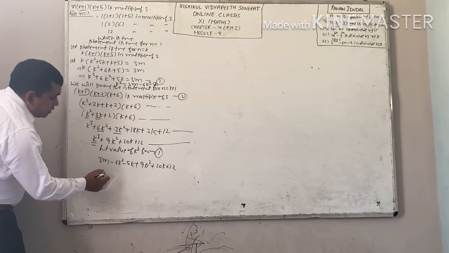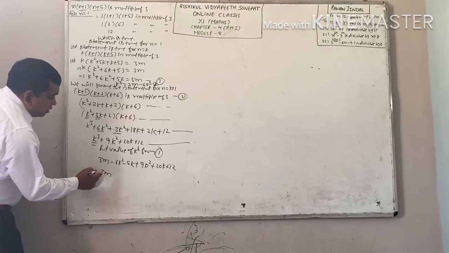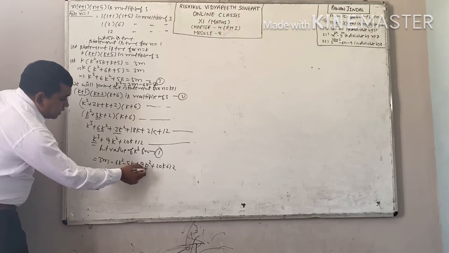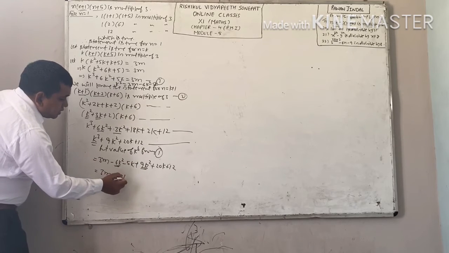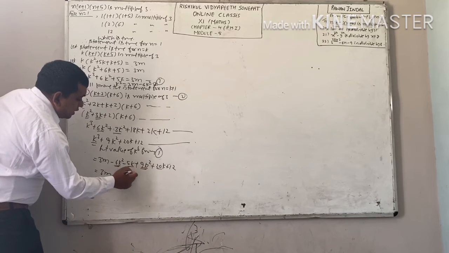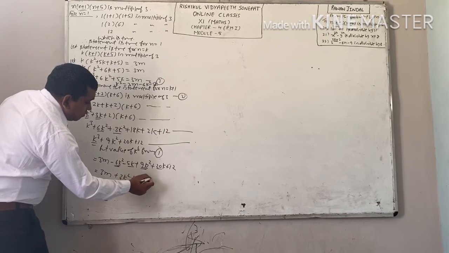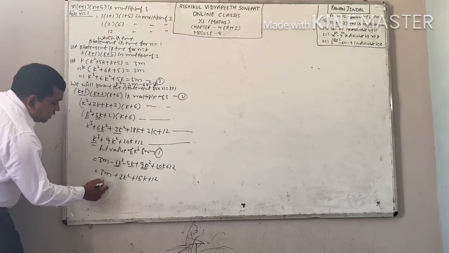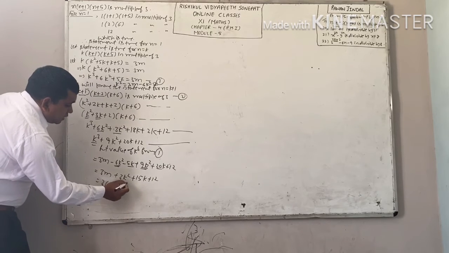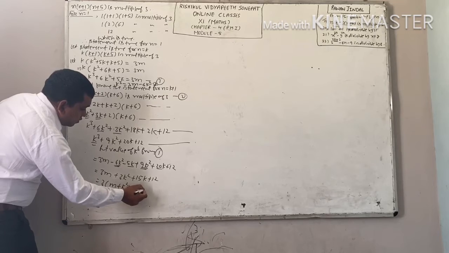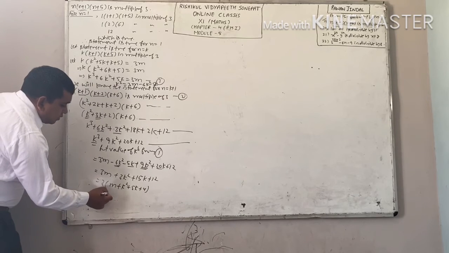This is your 3n, 9k square minus 6k square, 3k square, 20k minus 5k, 15k plus 12. Take 3 as common, you will get n plus k square plus 5k plus 4, which is multiple of 3.